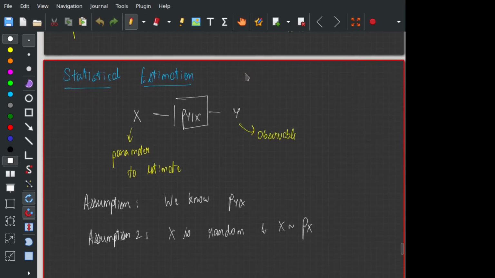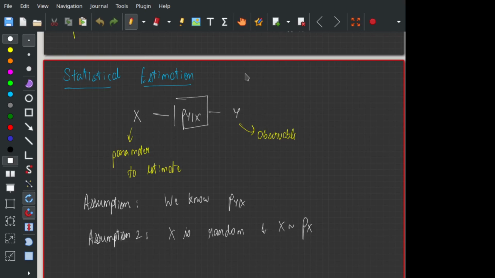And then we looked at this problem of statistical estimation. The goal is the following: there's a parameter x that we want to estimate, but we don't get to see x. We get to see another quantity y, which is called the observable, and the related probabilistic rate. So conditioned on a particular value of x, y is distributed according to p y given x.